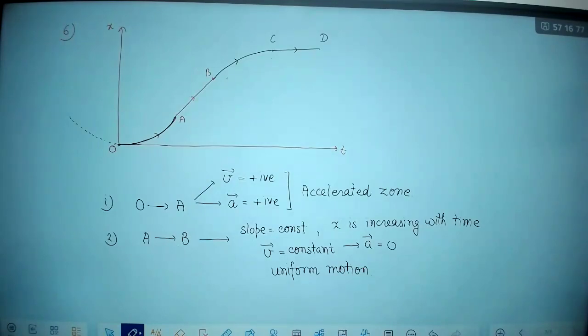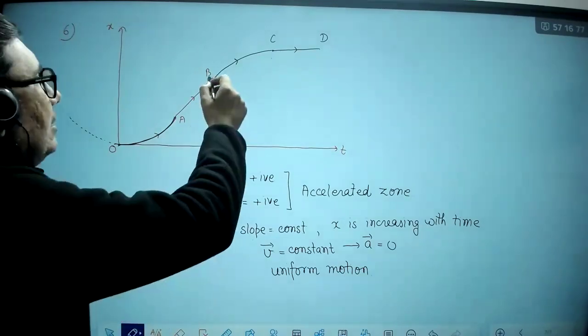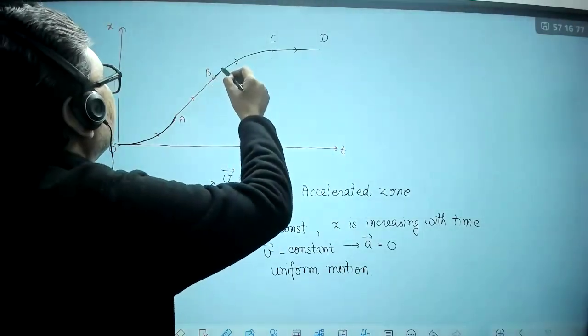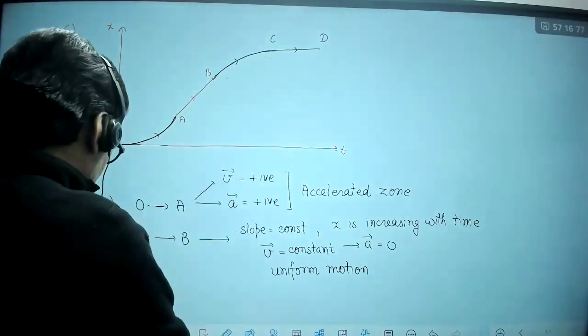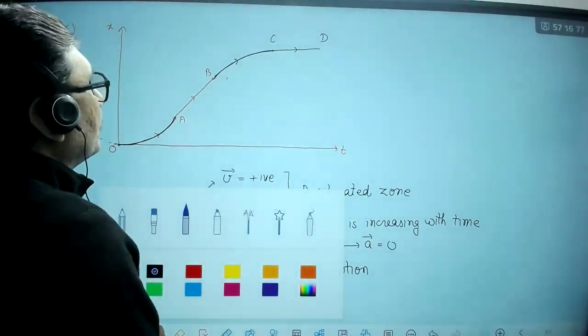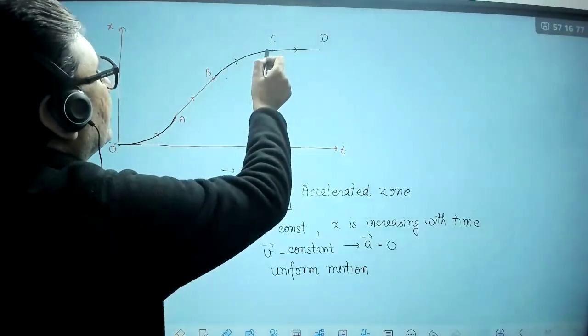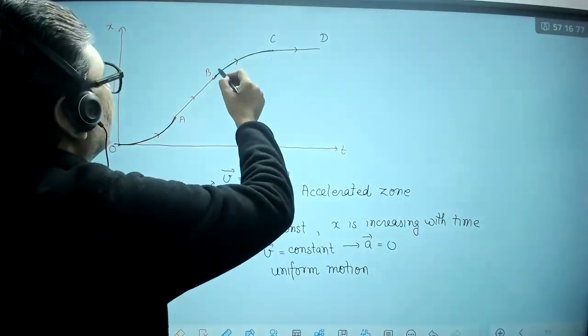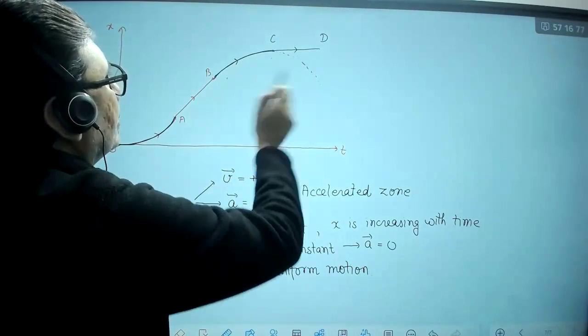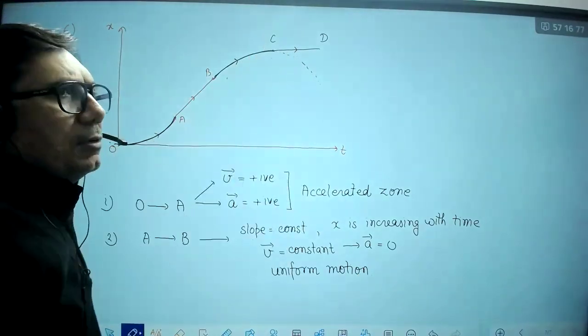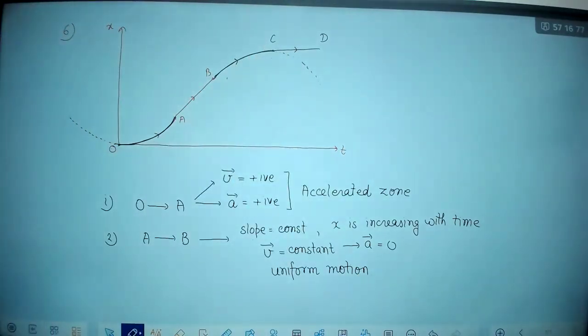Third is B to C, from here to here. If you look at this, I can complete it. Try to understand, this is a curve like this. If I continue like this, it is opening in the downward direction. Acceleration is negative.